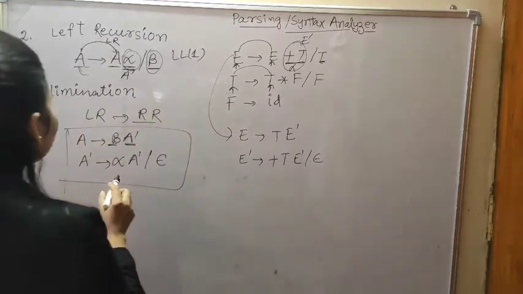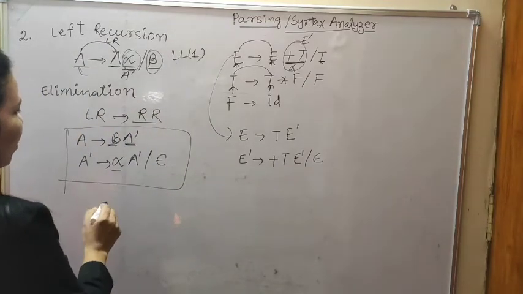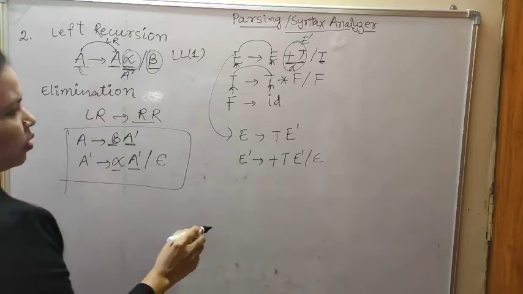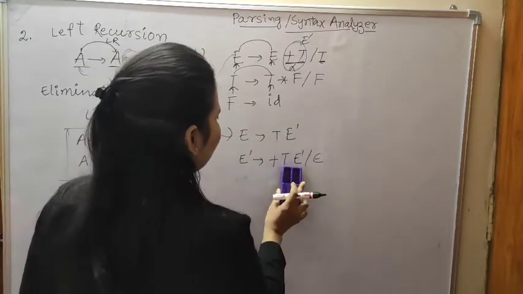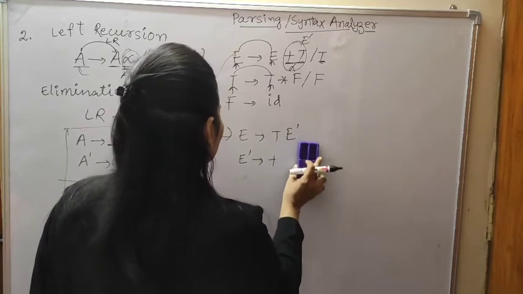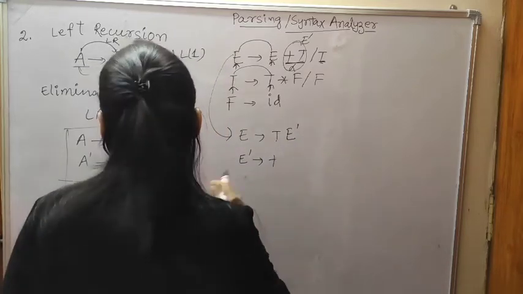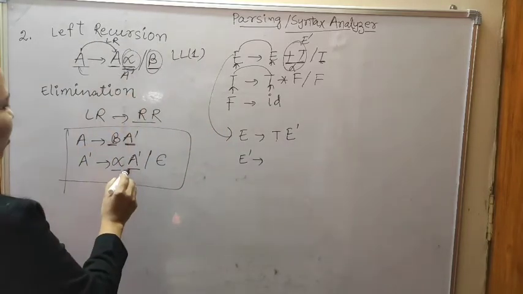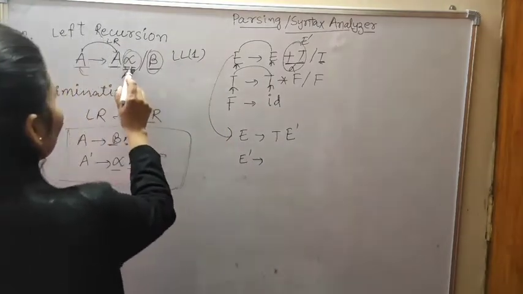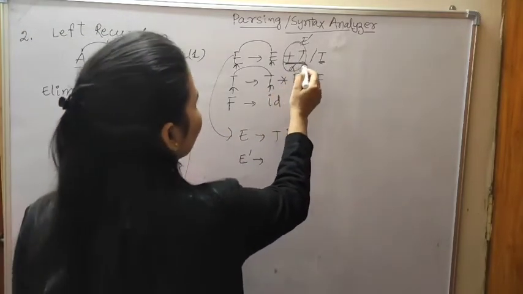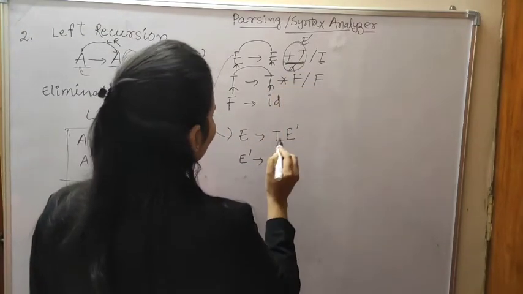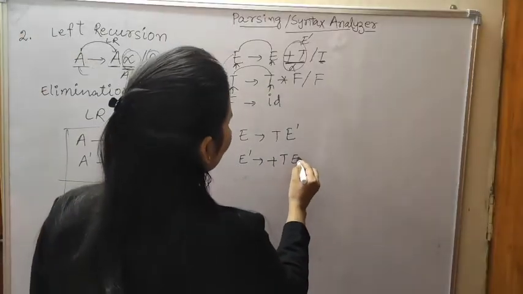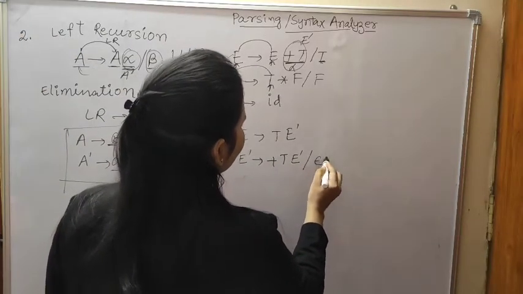Okay, and E dash is followed by alpha A dash. Alpha means this one. Alpha A dash. Alpha means what? This one. So alpha here will be plus T, then A dash. A dash means E dash will come, and then epsilon.